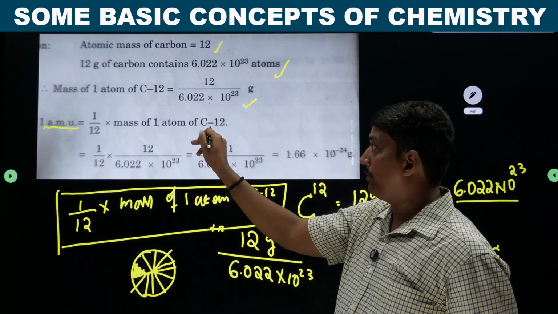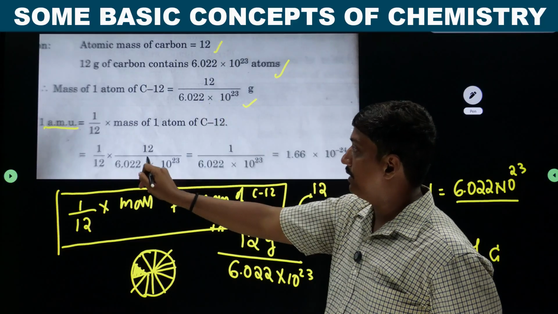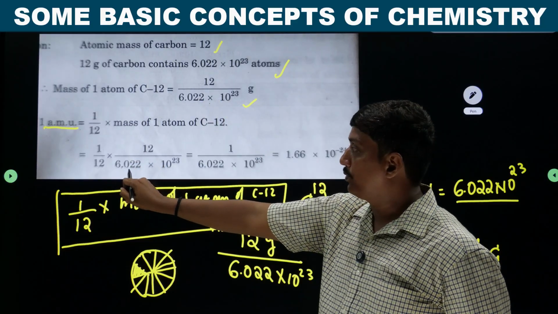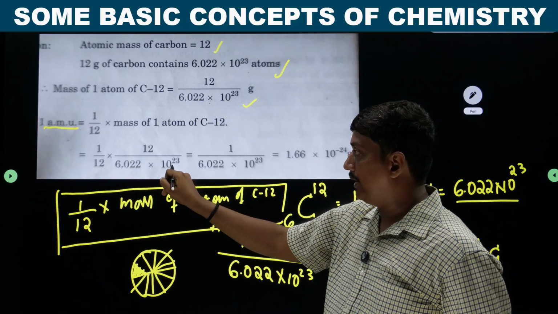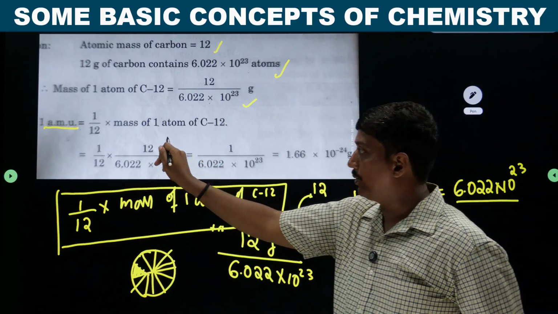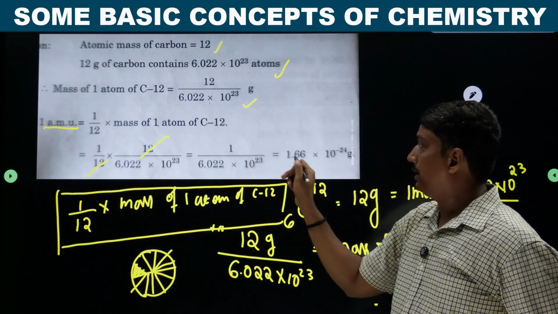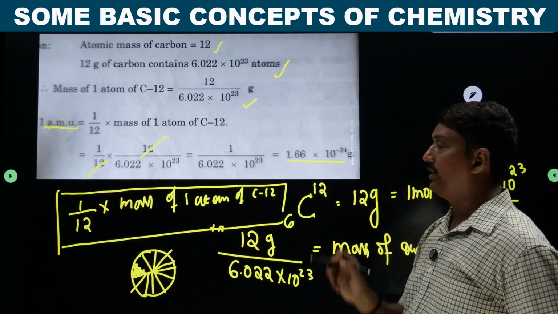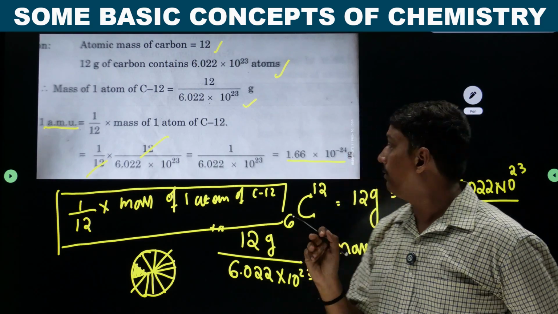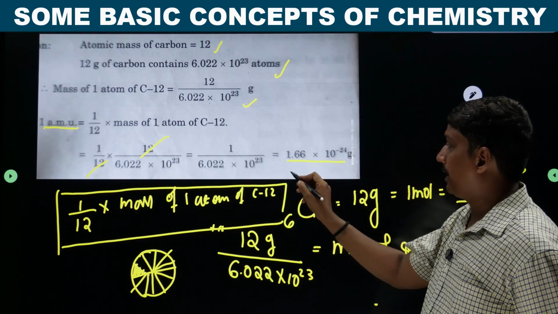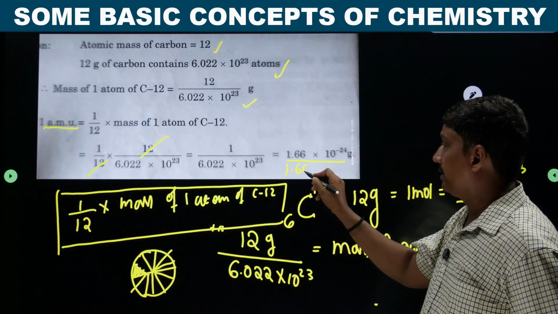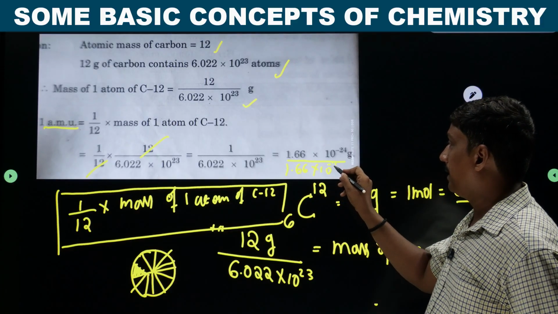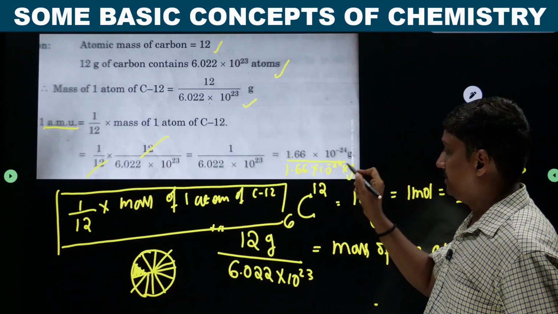See, 1 by 12 into the mass of one atom of carbon 12, which is derived here: 12 by 6.022 into 10 to the power 23, which is equal to 1.66 into 10 to the power minus 24 grams, or 1.66 into 10 to the power minus 27 kg.